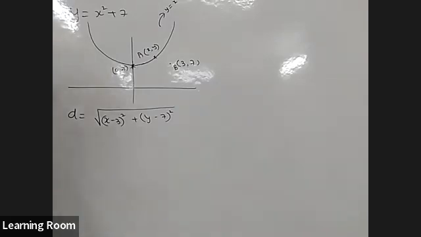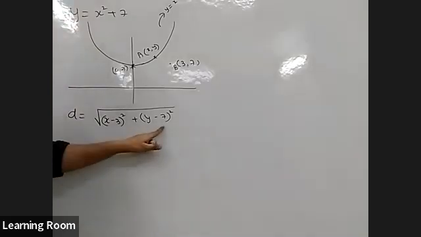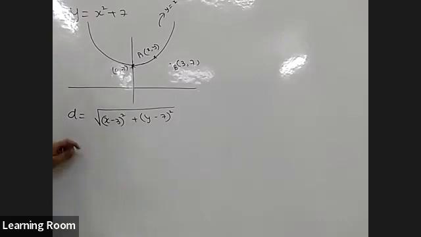When will this distance be least? But before that, x minus 3 the whole square plus y minus 7 the whole square is a function of two variables, x and y. So I can convert either of them in terms of the other. So how do I do that?